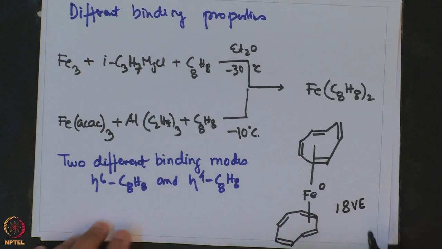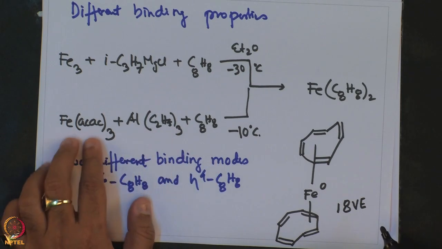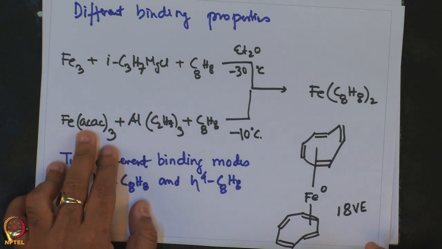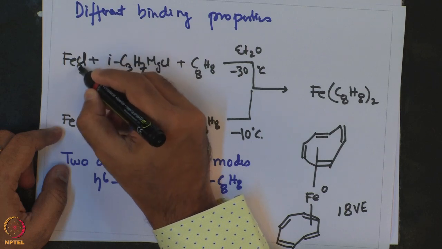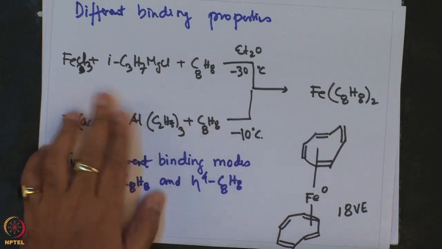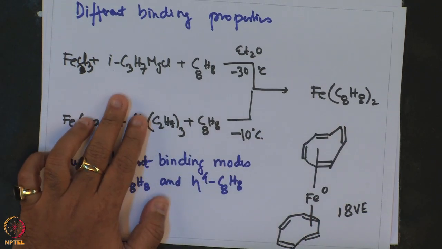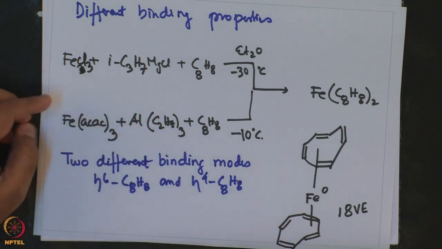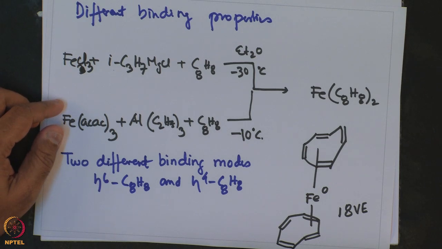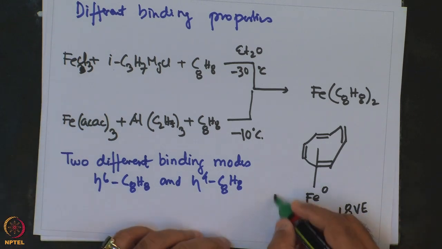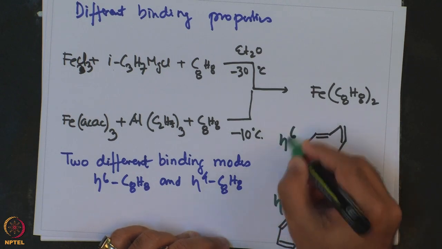And this needs some kind of reducing agent, because the starting precursor is indeed iron 3, iron acetylacetonate or FeCl3, which is also iron 3, but in the final compound it is iron 0. So, a reducing reagent is required, and we see that this C8H8 complex does have two different kinds of C8H8 ring. One is bound in an eta 4 fashion, whereas the other one is bound in an eta 6 fashion.